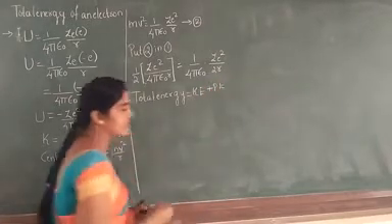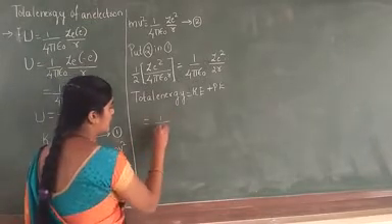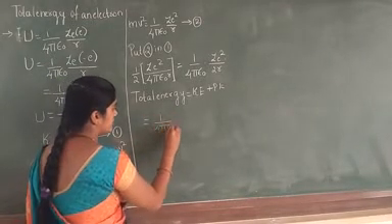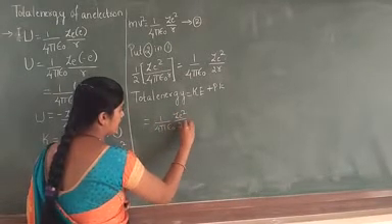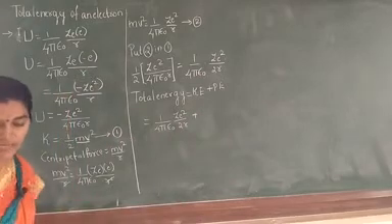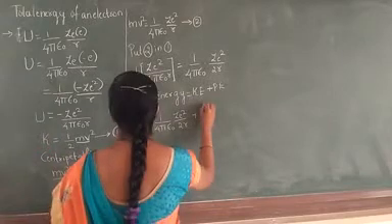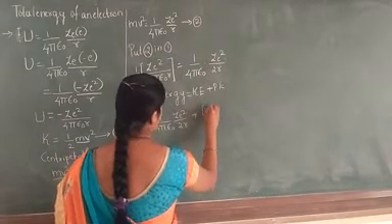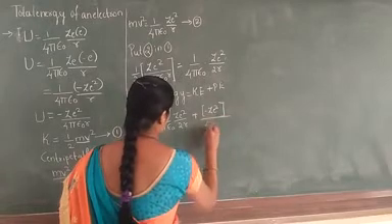Now put the value of the kinetic energy and potential energy. Therefore, 1 divided by 4 pi epsilon naught into Ze square by 2r, plus the value of the potential energy, minus Ze square divided by 4 pi epsilon naught r.